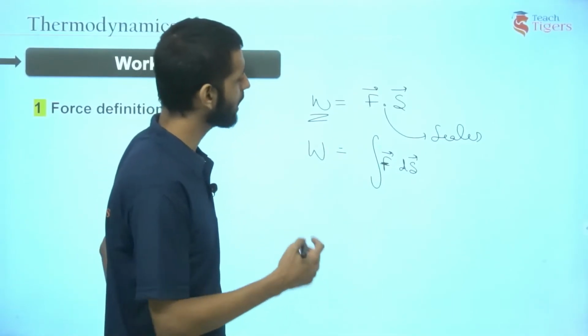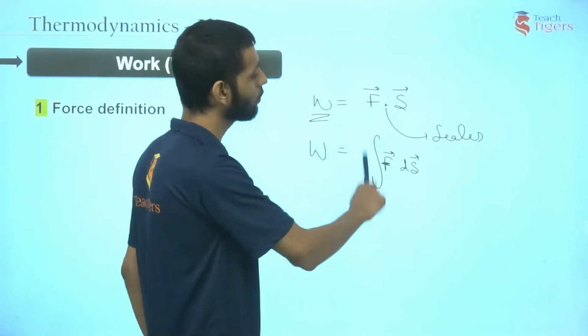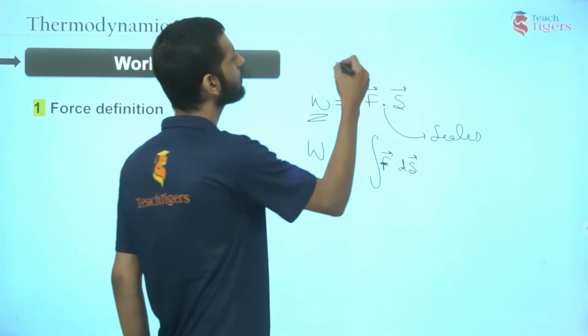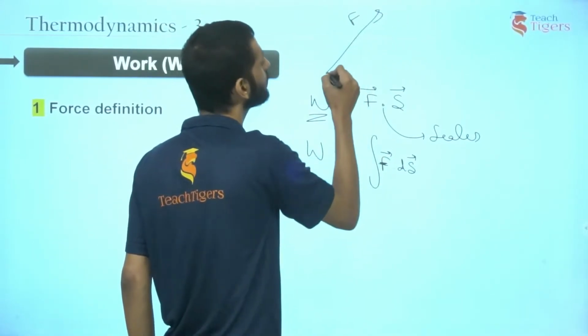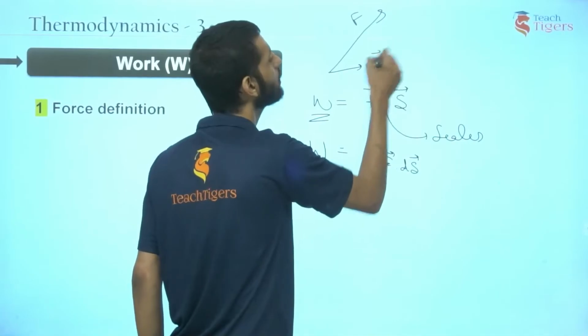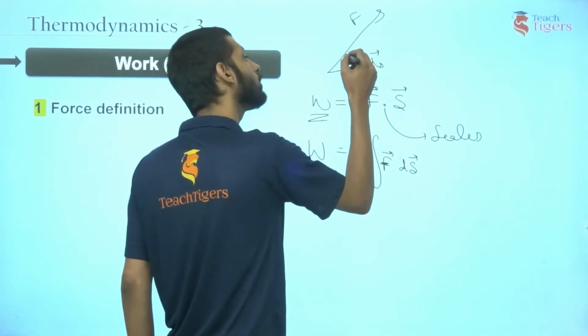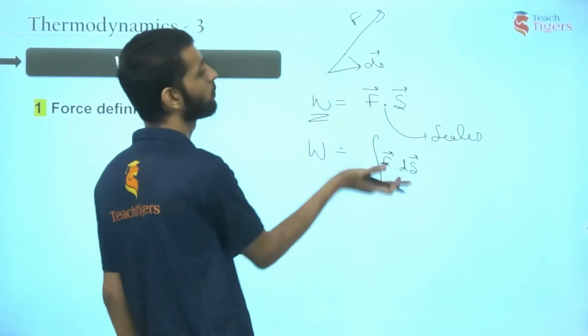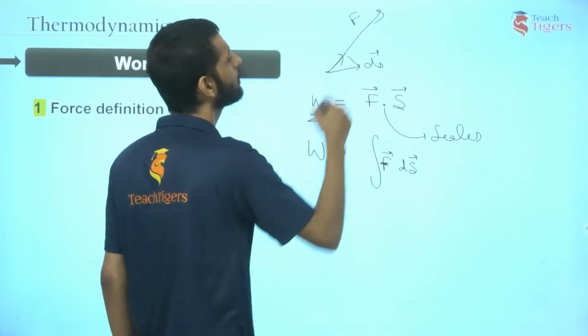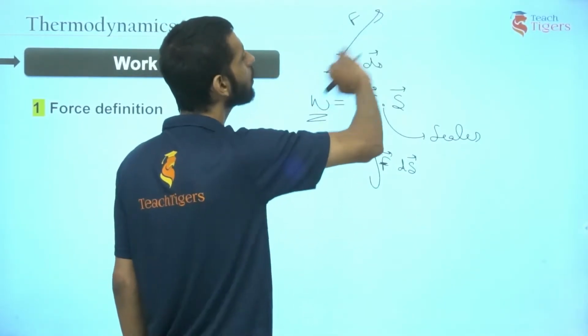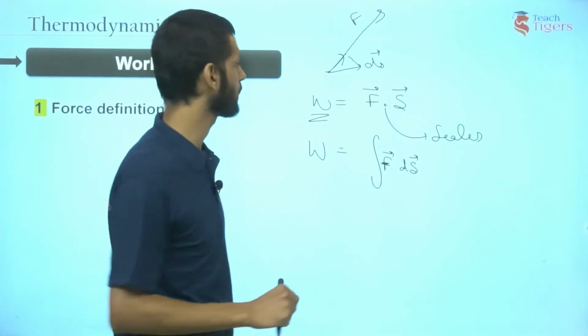The thing that matters over here is that we have to take force and displacement. If you have force acting like this, and your displacement is in this direction, what do we do? We take the dot product. Dot product means take a shadow, and whatever the shadow is, that is your work component.